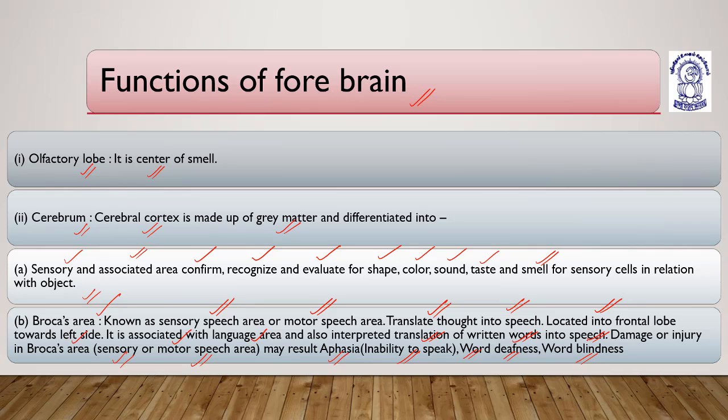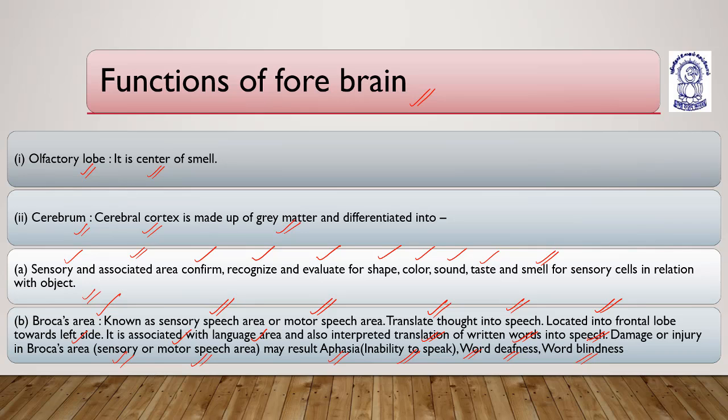So Broca's area is a sensory speech area or motor speech area. It helps to translate thought into speech. What you are thinking, whatever you are seeing, you can convert it into words. It is located in the frontal lobe towards the left side.